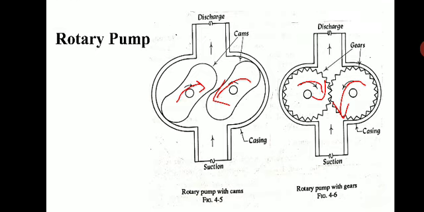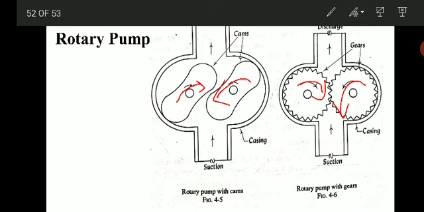Here the water enters through the suction pipe, which is at the bottom, and it is trapped between the teeth of the gears, or the cams, and the casing. So this is the casing, and these are the cams or gears.